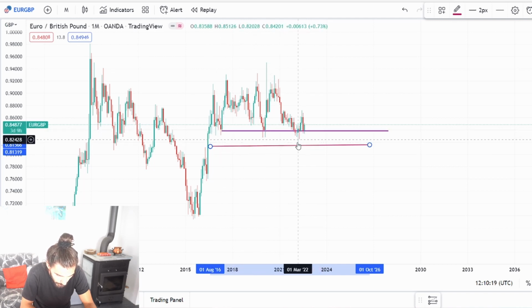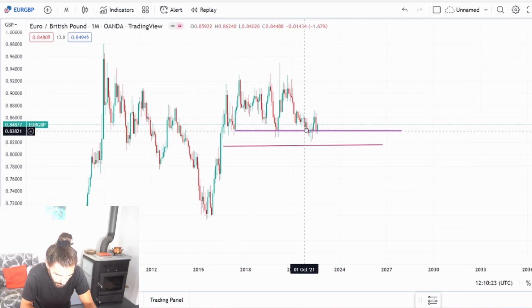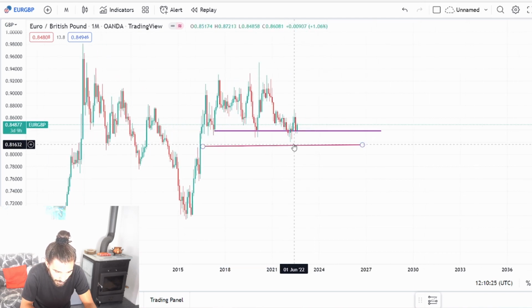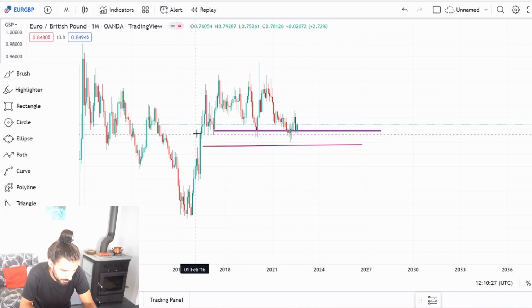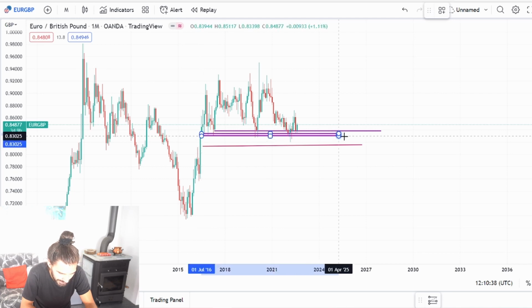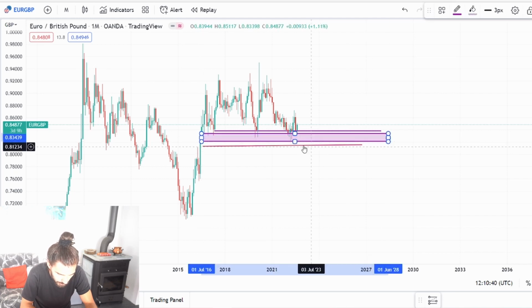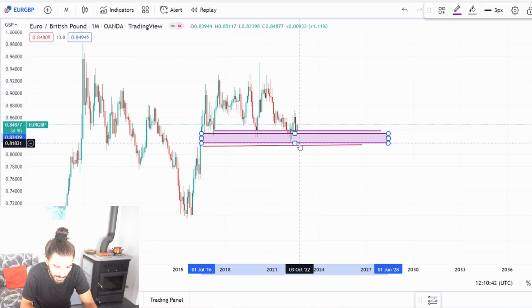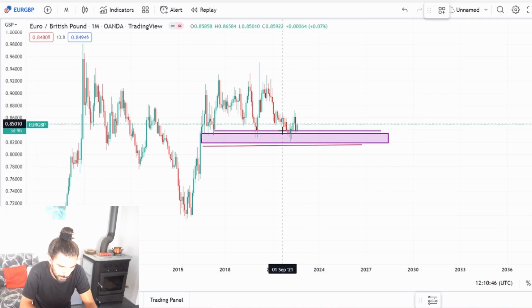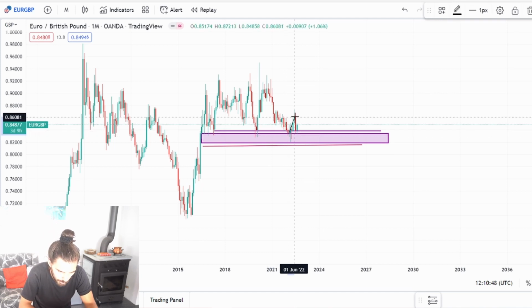Here we can see wicks slightly breaking, but most of the candlesticks, or actually all of them, closing above this support line. So for this support area, since this is the first retest, or a couple of first retests, the second one and the third one, meaning the third touch of a trend, support or resistance line, is usually an indicator that the area is holding and that the momentum will continue in the same direction.